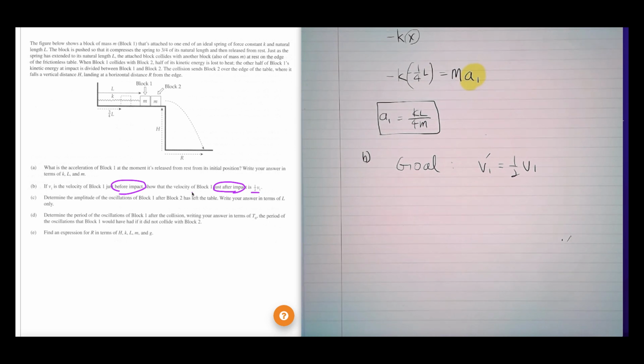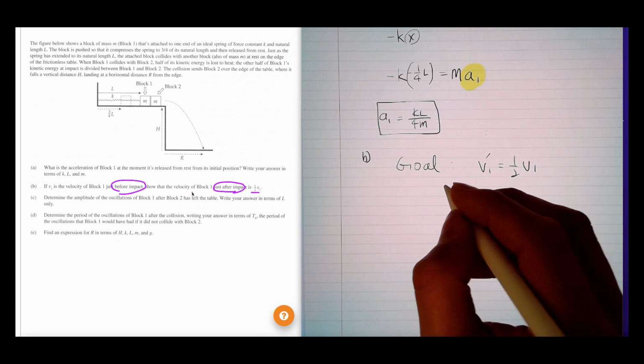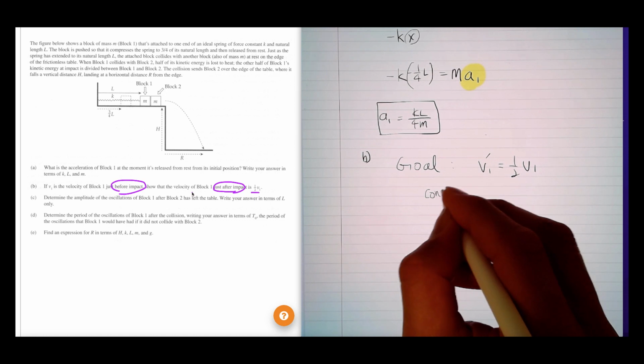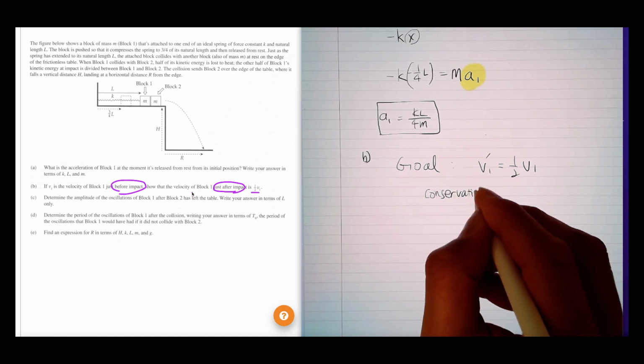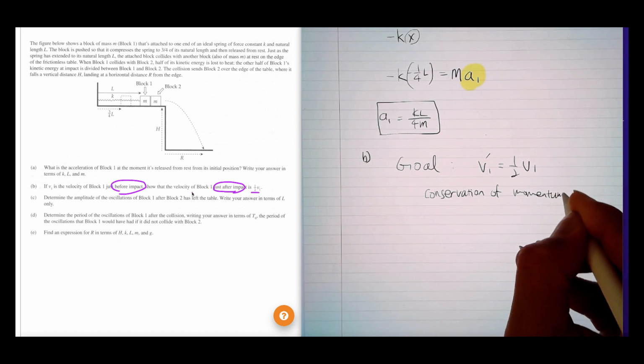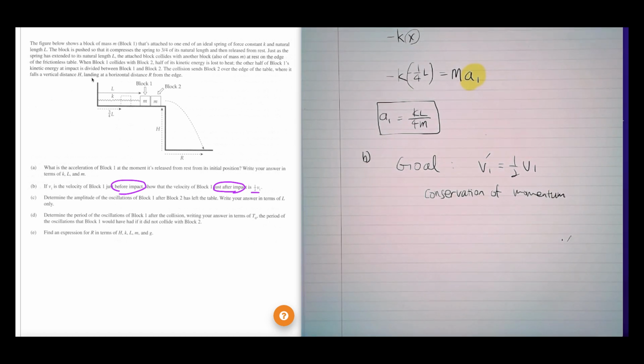It says before impact and after the impact of their collision, that should remind you of conservation of momentum. And there is another piece of information you need to remember. When block 1 collides with block 2, half of its kinetic energy is lost to heat.